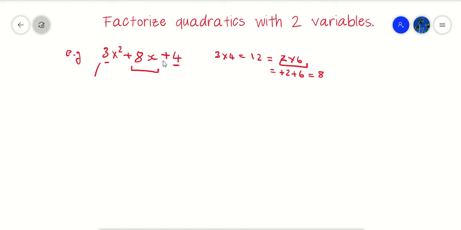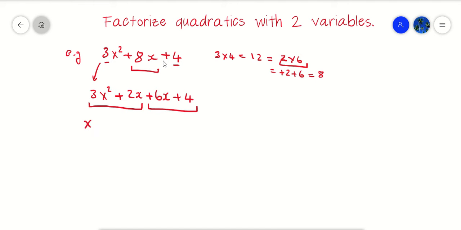I'm just going to rewrite this. This is 3x squared. And now, what is my 8x? I can write 8x as positive 2x plus positive 6x, because I know 2x plus 6x gives me 8x, plus 4. Once I get to this stage, I group the first two terms and the last two terms together. What's the common factor between 3x squared and 2x?